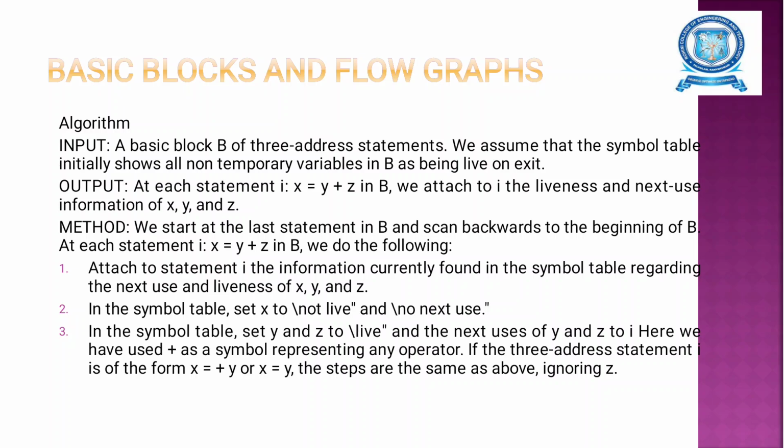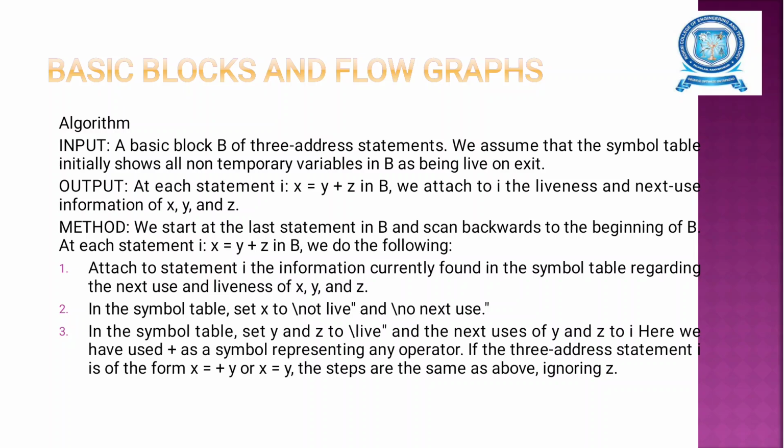The input is a basic block B of three-address statements. We assume that the symbol table initially shows all non-temporary variables in B as being live on exit. The output is, at each statement i: x = y + z in B, we attach to i the liveness and next use information of x, y, and z.